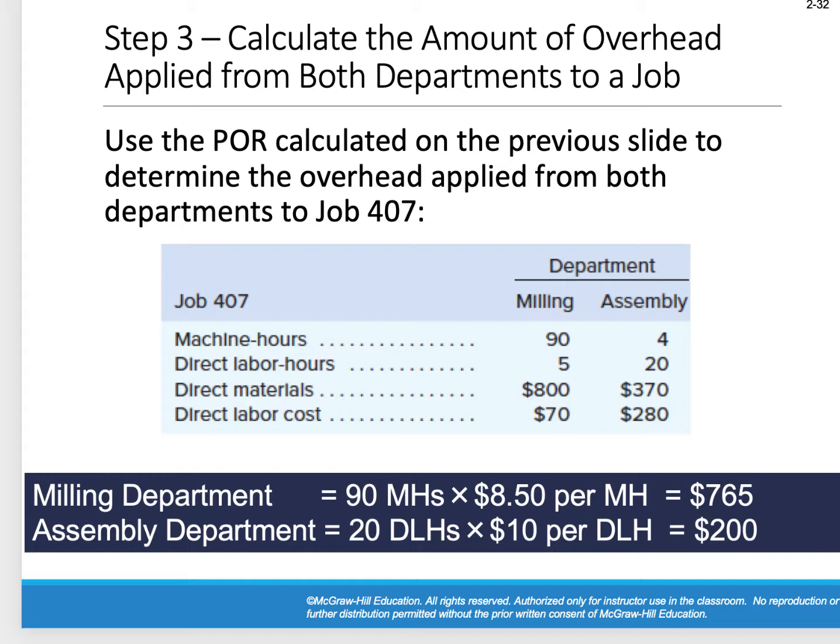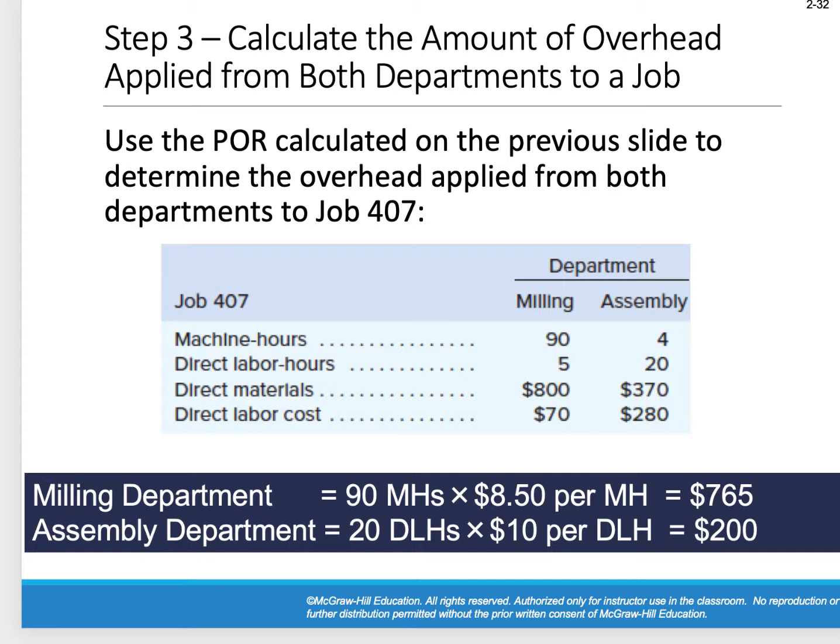Okay, and they give us the amount of direct material that each department adds to the job, as well as the direct labor costs that each department adds to the job. Okay, so now we can apply the overhead. Remember, the milling department bases their allocation on machine hours.